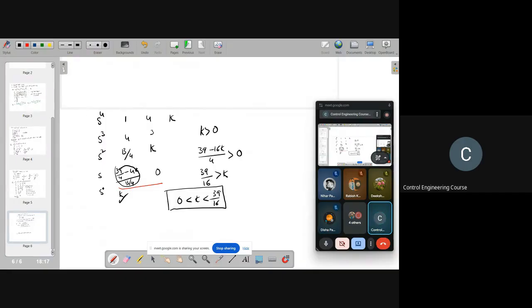That means it has a symmetric auxiliary equation with symmetric roots.